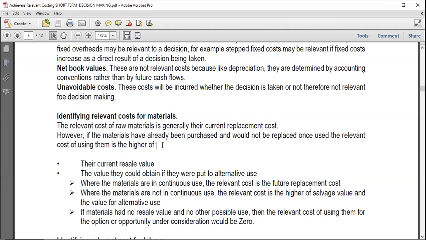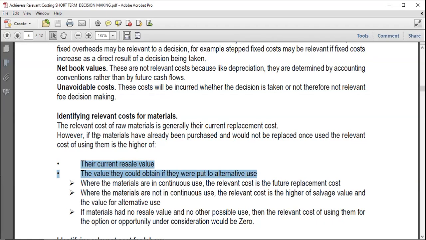We're saying that once the materials have already been purchased and will not be replaced once used, for the relevant cost we compare two things. We compare the current resale value, and we also compare the value they could obtain if these were put to alternative use.